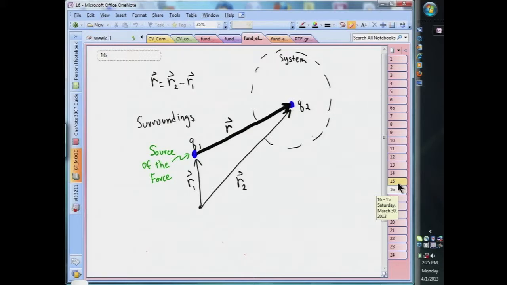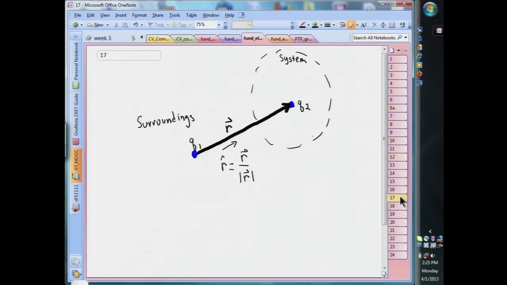This vector r is just the difference between the two position vectors, r2 minus r1, where, as in the gravitational case, we would get the same vector r for a different choice of coordinate system. Now, with vector r in hand, we can define the corresponding unit vector r hat, which we will use shortly to specify the direction of the electric force.